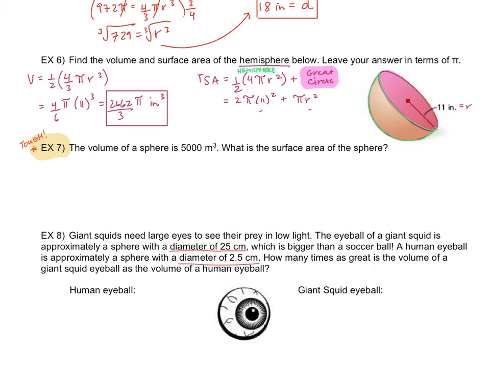So we know that radius is 11, so I have pi times 11 squared. And I'm going to add it to 11 squared times 2 times pi. That result ends up being 242 pi. 11 squared is 121, so I'm adding 242 pi plus 121 pi. When I do that, I get 363 pi, and since it's total surface area, it is inches squared.